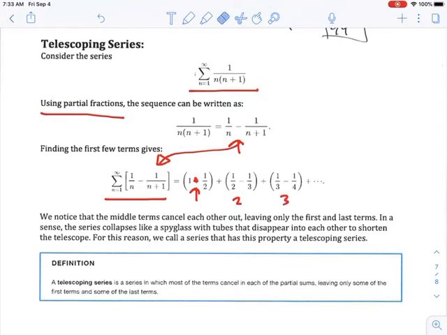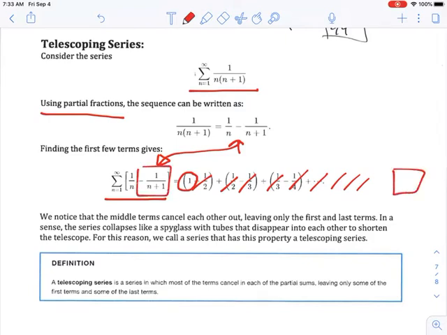So what you notice happens here, and this is crucial, is that this minus 1/2 and plus 1/2 cancel out. Minus 1/3 plus 1/3 cancel out. And that's going to happen all the way down the line as far as we go with this until we get to the very last term. So the very first term in this case and the very last term, which would be minus 1 over n plus 1, because we're going to go to the nth term, everything else cancels out.